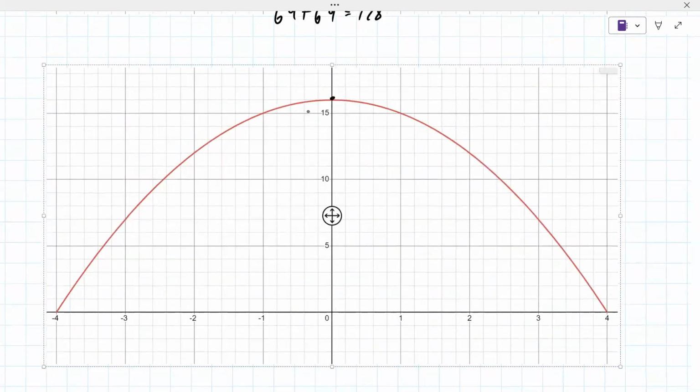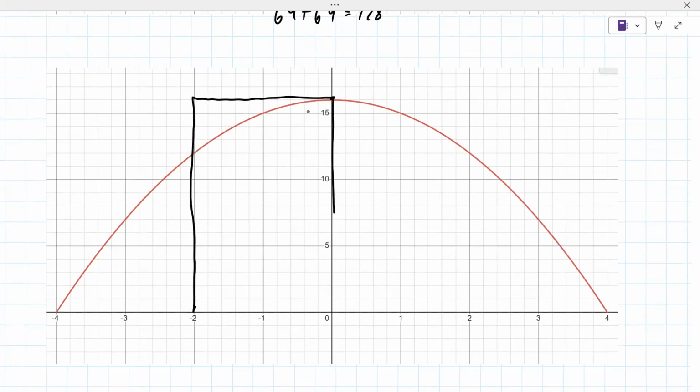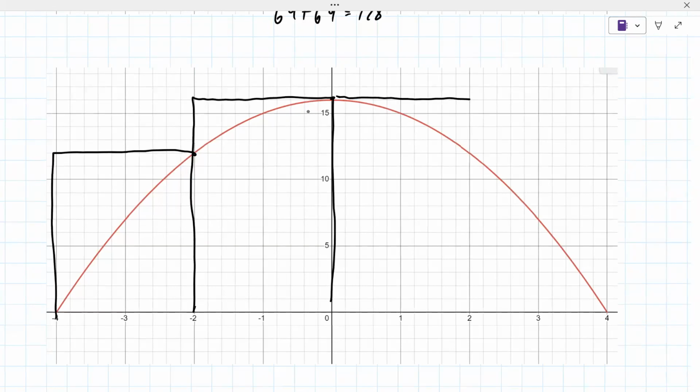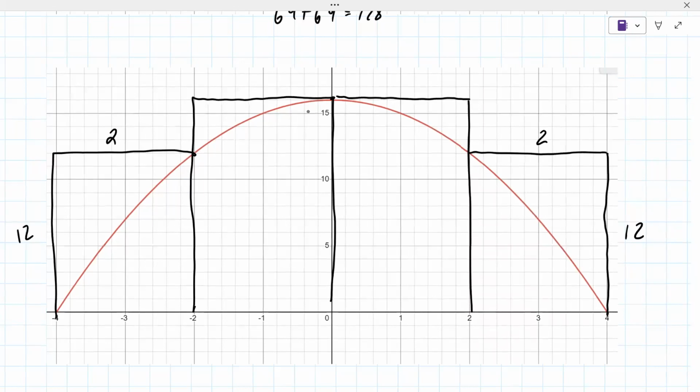Now for 4 rectangles, I'm going to grab this picture one more time. So there's this one. And again, they're all kind of above or outside. So this is width 2 and height 12, 2 and 12, 2 and 16, 2 and 16.